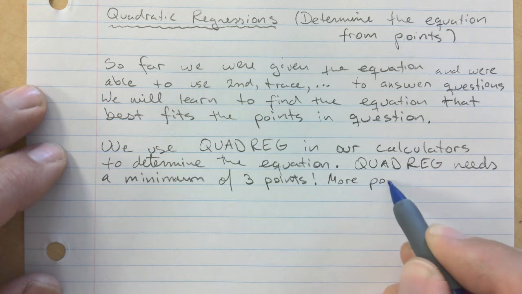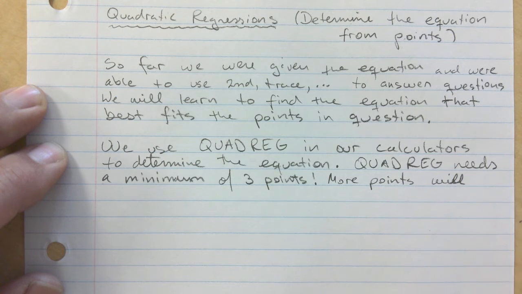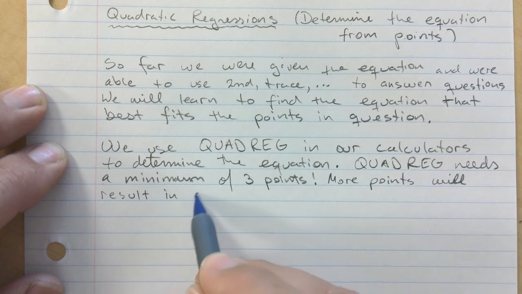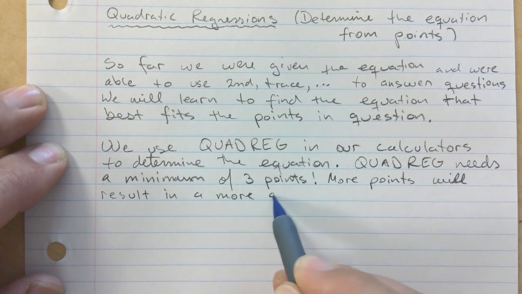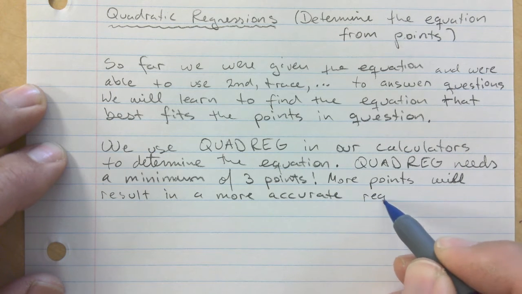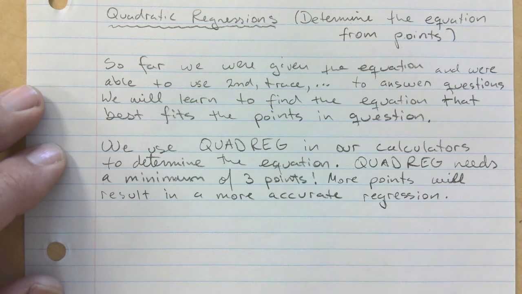More points will result in a more accurate regression, but 3 is the bare minimum. Okay.